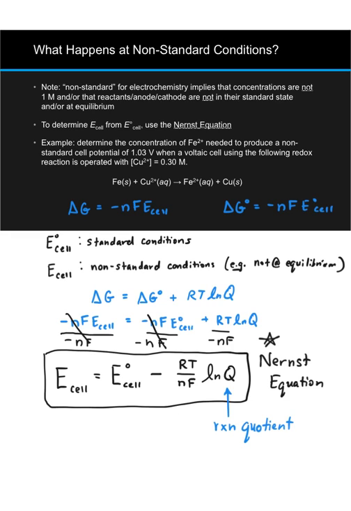So suppose we wanted to determine the concentration of iron 2 cations that are needed to produce a non-standard cell potential of 1.03 volts when this reaction is carried out using a concentration of copper 2 of 0.3 molar.